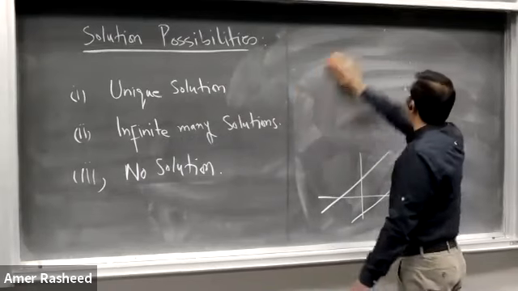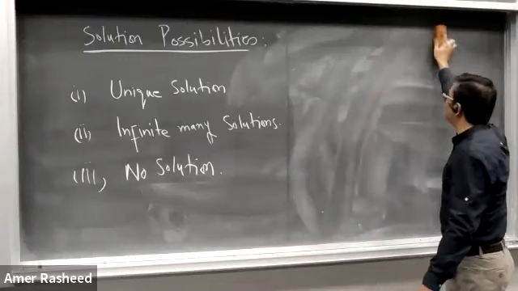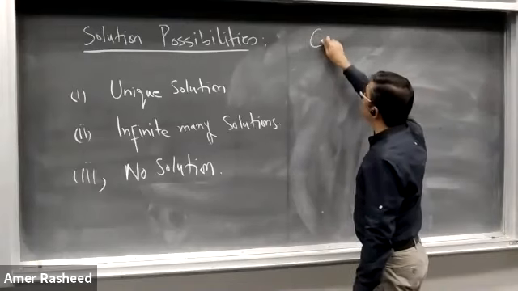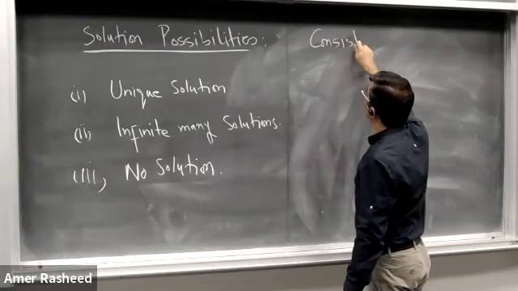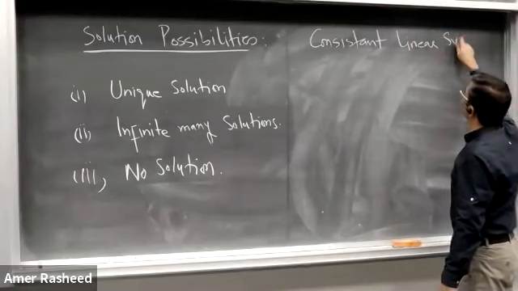Any linear system which has at least one solution is called a consistent linear system. Okay? Consistent linear systems.